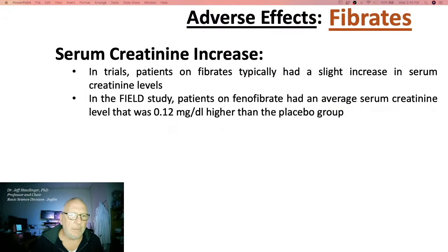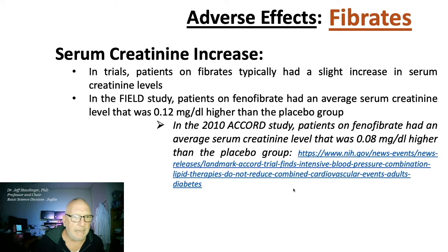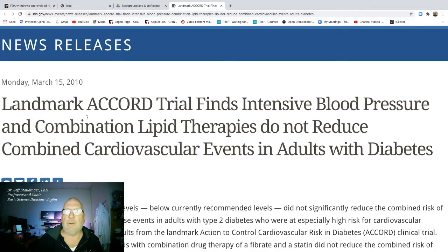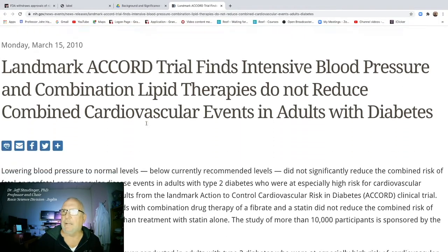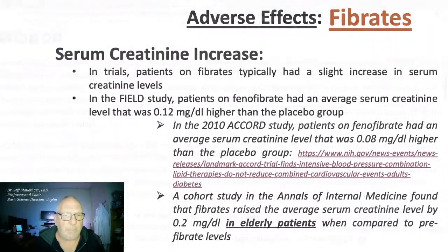Serum creatinine showed a slight increase in fibrate-treated patients. We'll link to a 2010 ACCORD study. If you click on this link, you can see the 2010 landmark ACCORD clinical trial and read all about it. Serum creatinine levels increased by 0.2 mg per deciliter in elderly patients when compared with pre-fibrate levels.